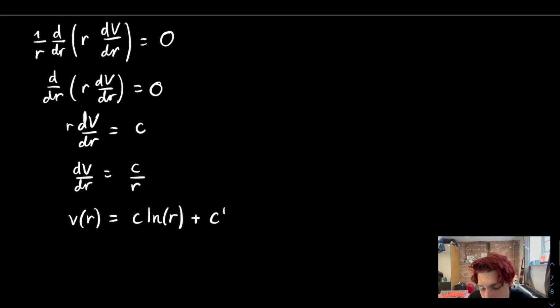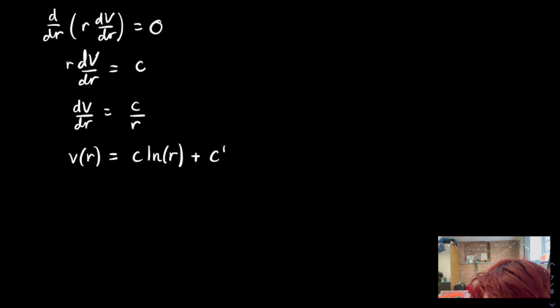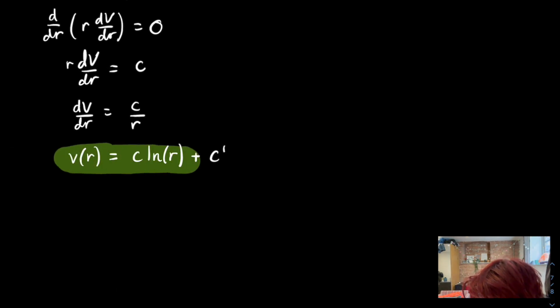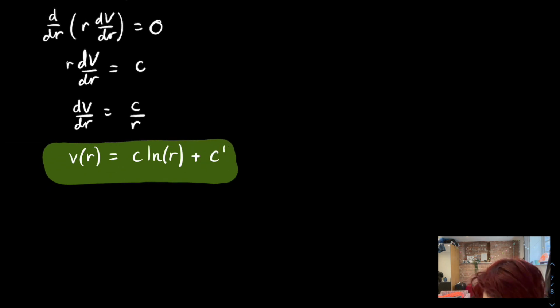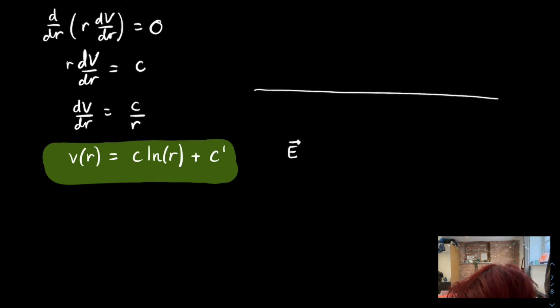As you can see, it depends on the geometry of the system. A system with cylindrical geometry will have a different form of potential from a system which has spherical geometry. If you remember back in the video I did on electrostatics, we found that the electric field of an infinite line of charge is equal to lambda divided by 2 pi epsilon 0 r, where lambda is the charge per unit length, and this was in the radial component.